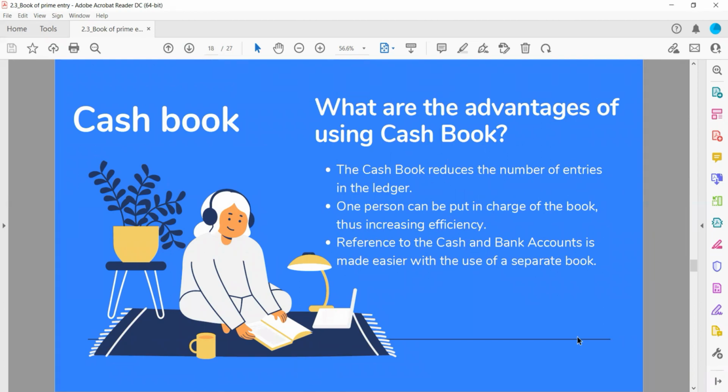The cash book reduces the number of entries in the ledger. One person can be put in charge of the book, thus we increase the efficiency. Efficiency means that the person can work faster and faster. Reference to the cash and bank account is made easier with the use of a separate book. So when we want to check or reconcile, it will be easier.